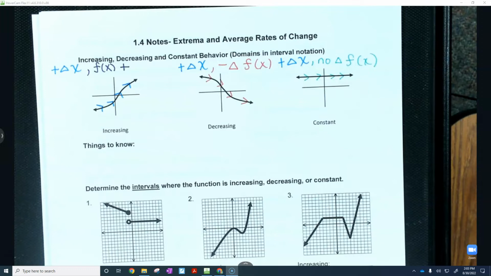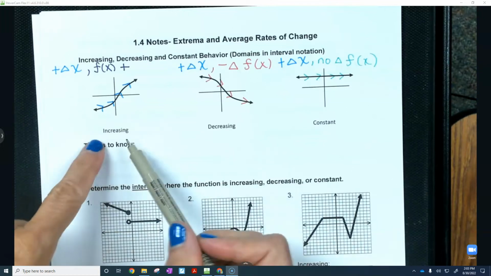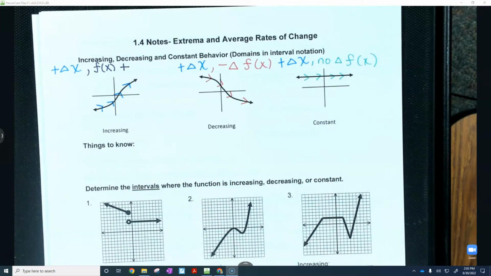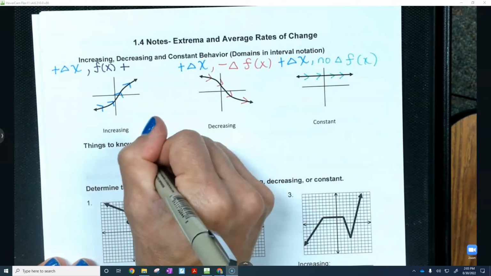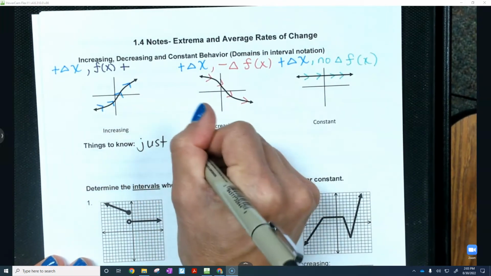Where it says things to know, here's a couple of things that you need to remember. When we talked about end behavior, that was the arrows. When we're talking about whether it's increasing, decreasing, or constant, it's just the domain. Just domain values.